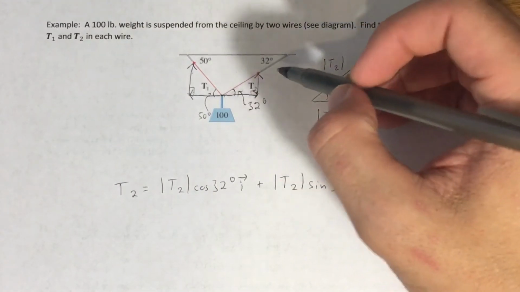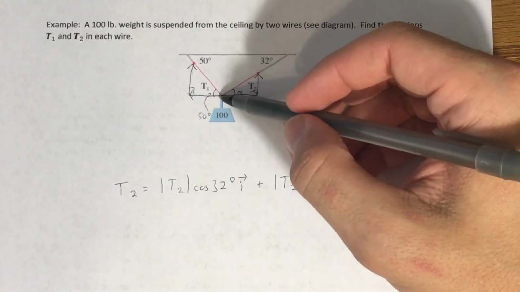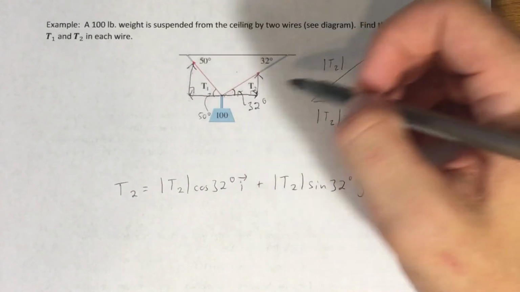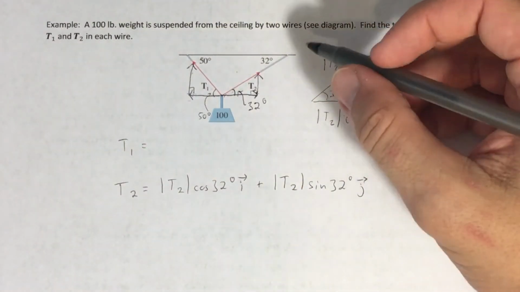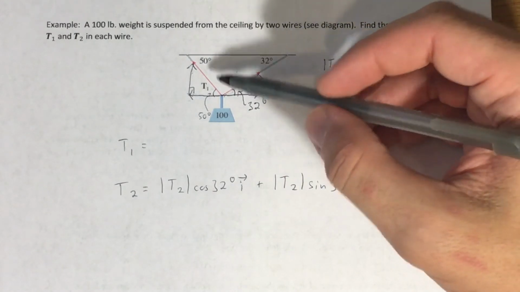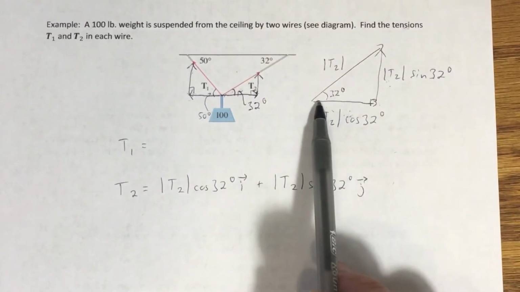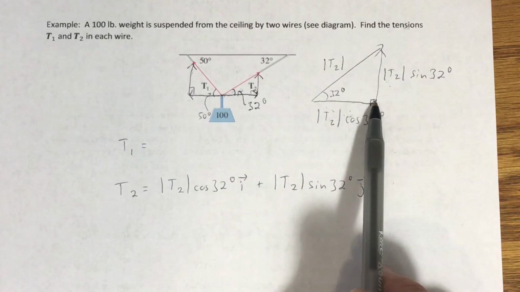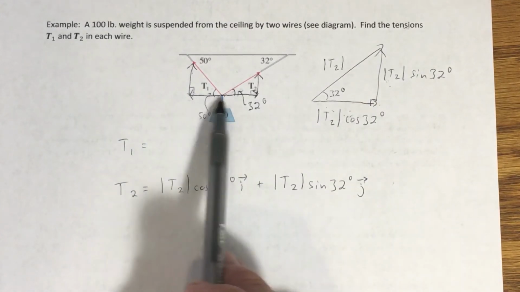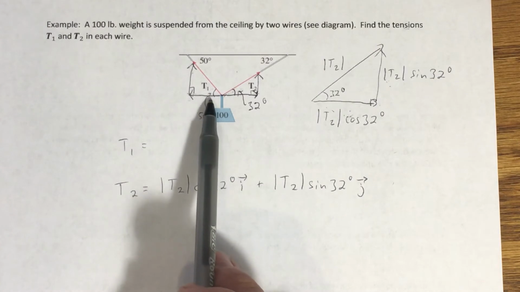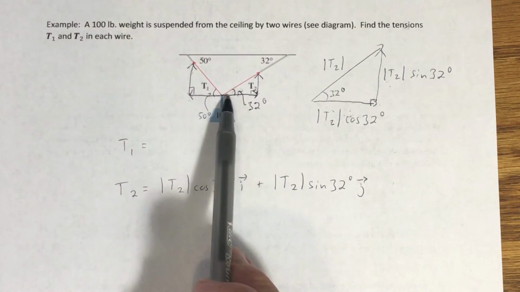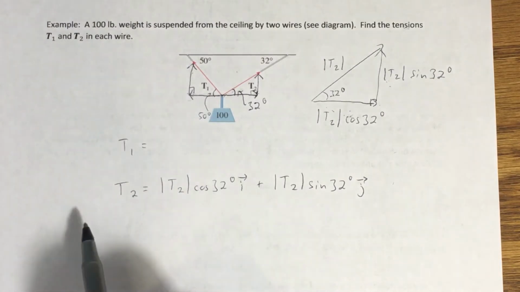T1, let's look at T1. See the right triangle that we have here? T1 is going to have a similar derivation, but there's only one thing that we need to be careful about. You see, in this right triangle, this vector was pointing in the direction of i, whereas this vector is pointing in the opposite direction of the standard basis vector i. i points towards the right. This is pointing toward the left.